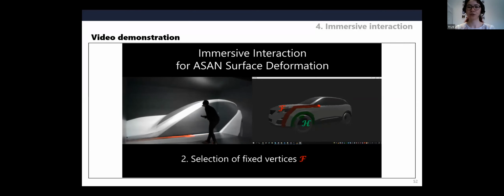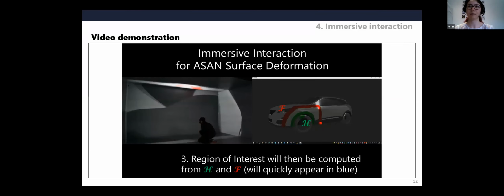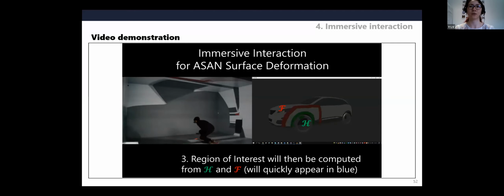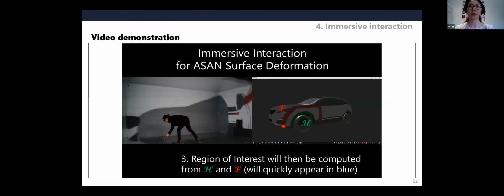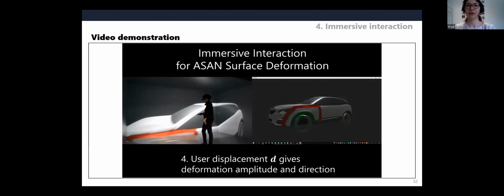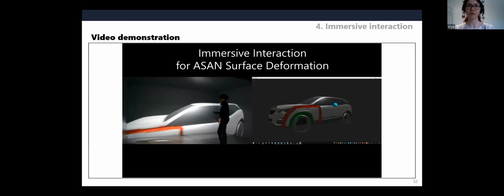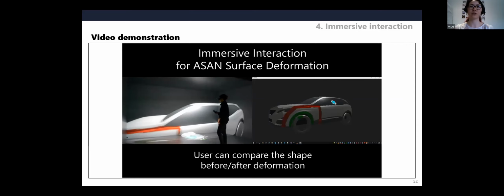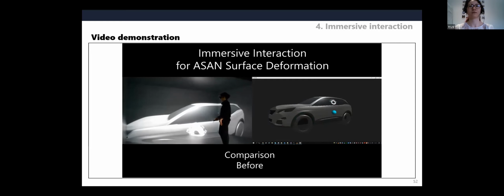The region of interest will then be computed from these two constraints, so it will quickly appear in blue here. Then the user can control the displacement by only his gesture, so the direction and the amplitude are given by the user. And to better see the impact of the deformation, he can then compare between the initial and the deformed shape.